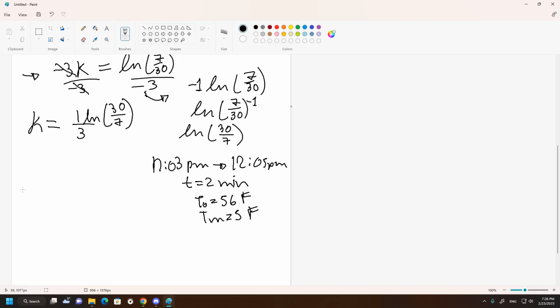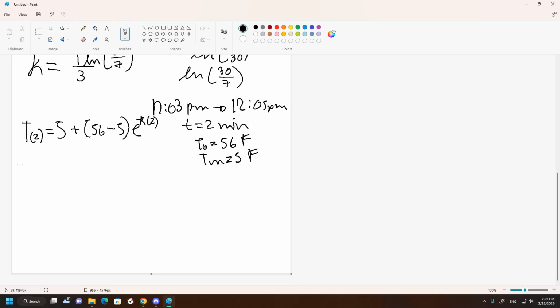So we had the following equation. And the value of k times the time. So in a complete equation it will be the following.